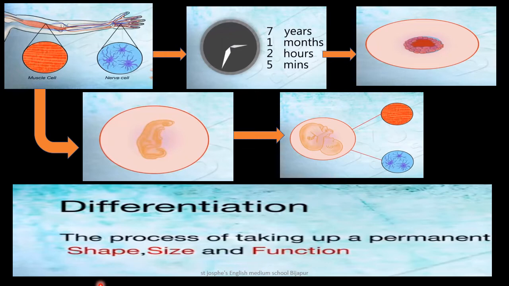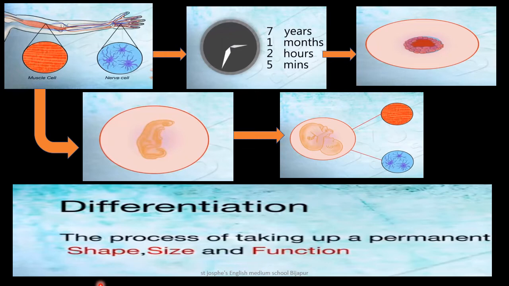For example, the heart. The heart begins with a single cell, then the cardiac tissues are formed. These cardiac tissues then group together to form an organ, that is the heart, and then this organ takes up a permanent shape and size, and it is meant for pumping. It is not going to change.